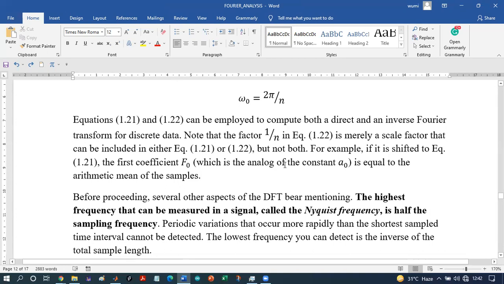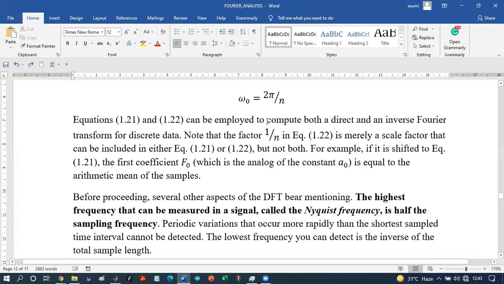Because you are dividing the signal into different, smaller chunks, you want to make sure that the frequency you are operating is within the Nyquist frequency, and the Nyquist frequency is given by half of the sampling frequency.